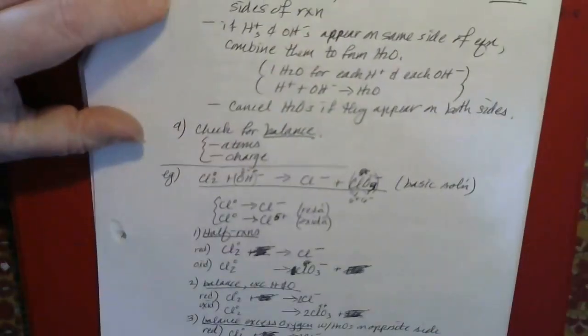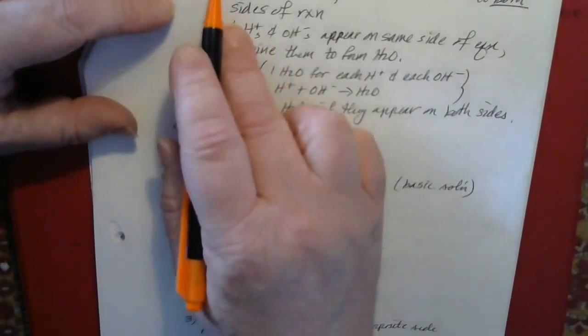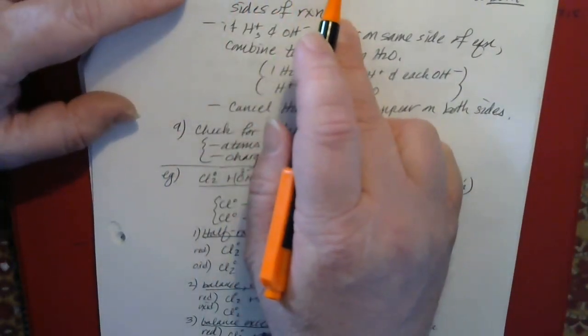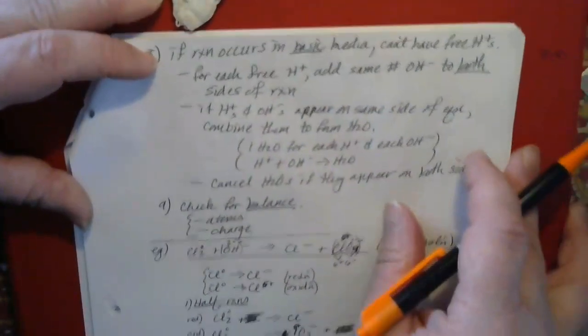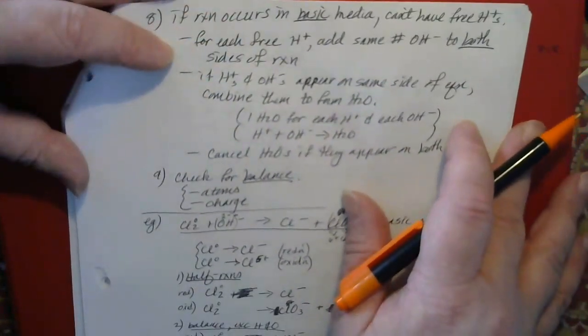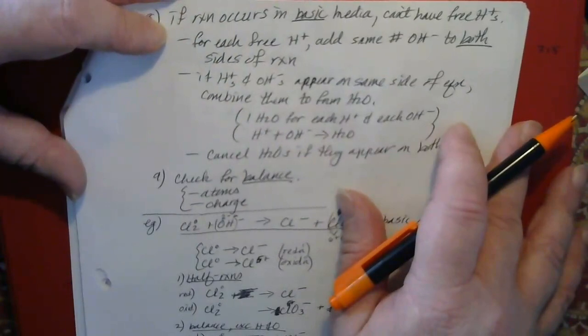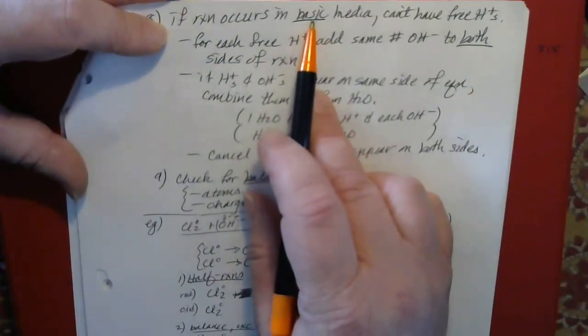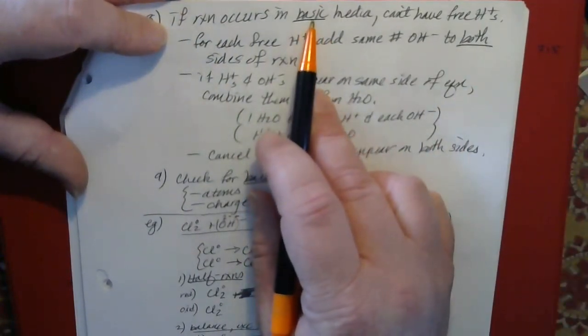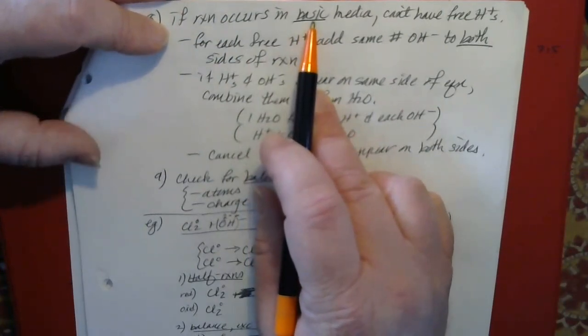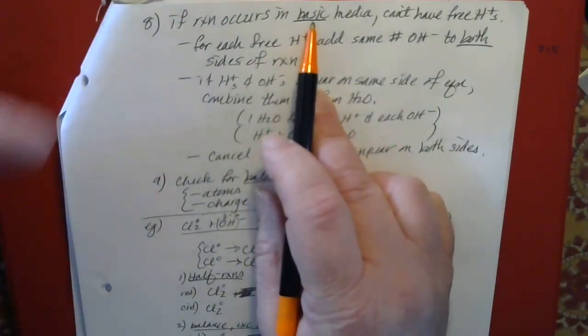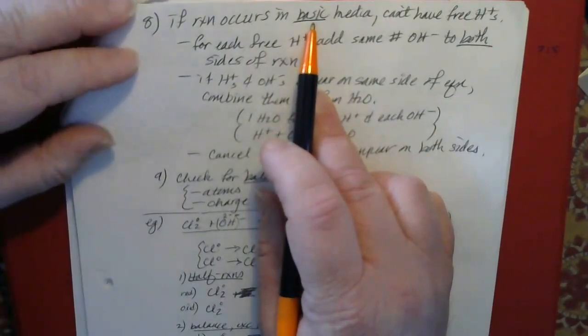Then finally, well, not finally, but almost finally, if the reaction occurs in a basic medium, remember we balanced the hydrogens by adding H plus ions a couple steps back. Well, if it occurs in a basic environment, then you can't have free H pluses floating around, because that's what happens in an acidic environment. And basic is the opposite of that.